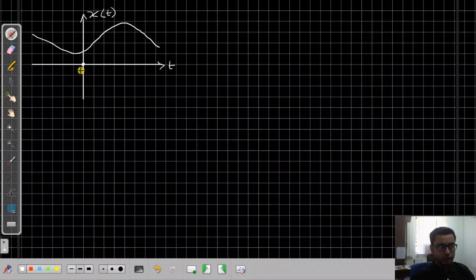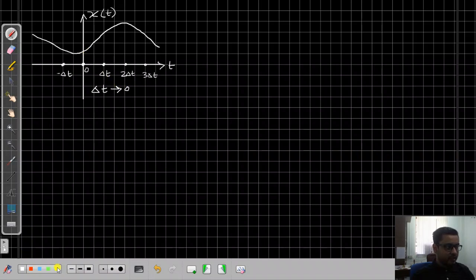This is t equal to 0. Call this time t equal to delta t. Then this time is 2 delta t, 3 delta t. On the other side, minus delta t, and so on, such that delta t is very small, tending to 0.